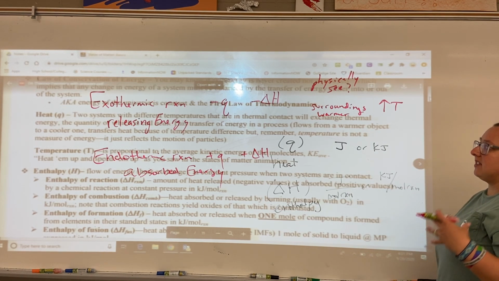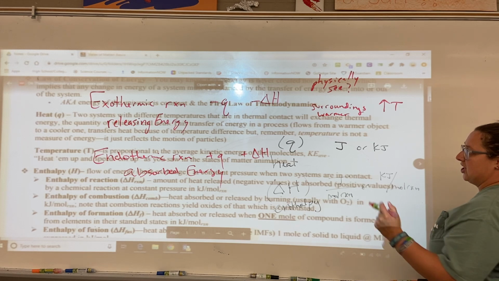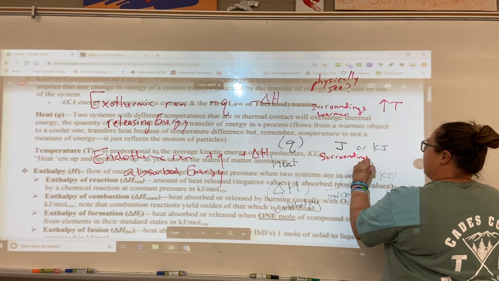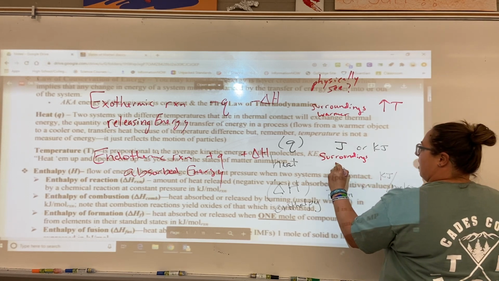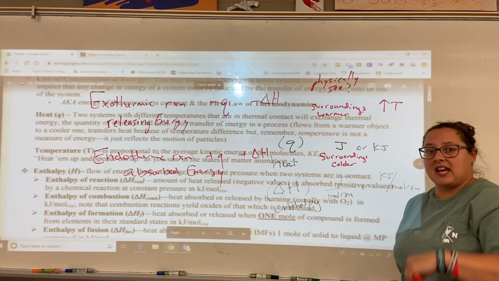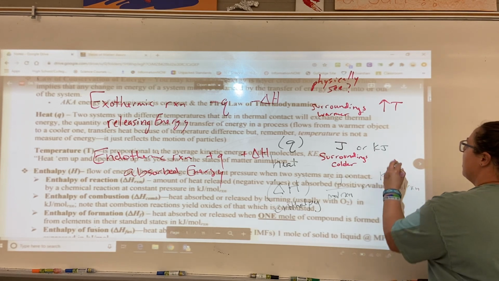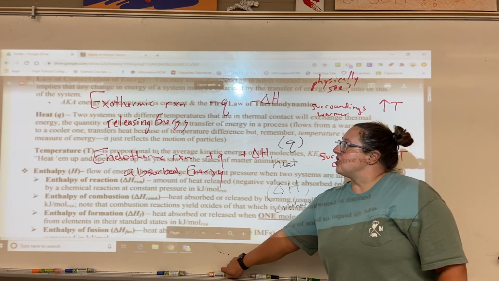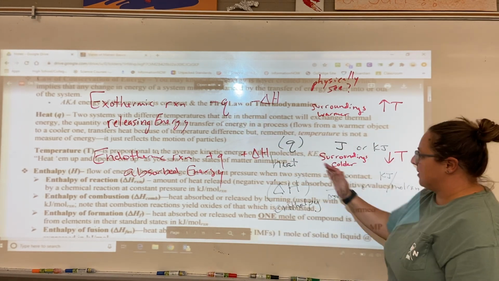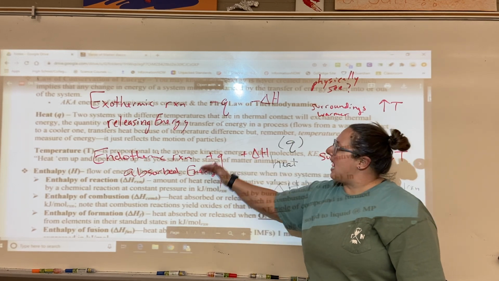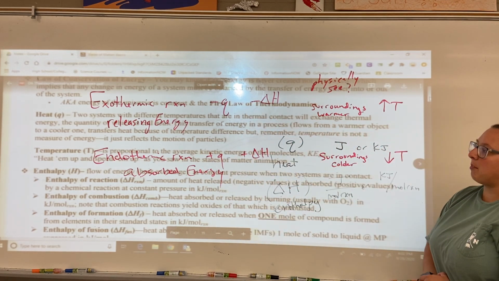If our system has absorbed energy, our surroundings is what we witness, and as a result, our surroundings will get colder. And so if we were to take a measurement in lab, we will see that our temperature decreases. And so knowing this concept, knowing the sign conventions and what's happening for that is something that's very important.